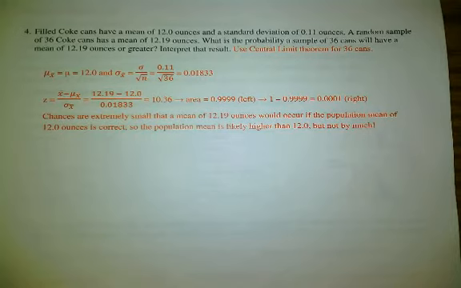So the chances are extremely small that a mean of 12.19 ounces would occur if the population mean of 12.0 ounces is correct. So the population mean is likely a little bit higher than 12.0, but not much, because after all, the sample was 12.19. So it's probably not exactly 12.0, but it's not very far above it either.